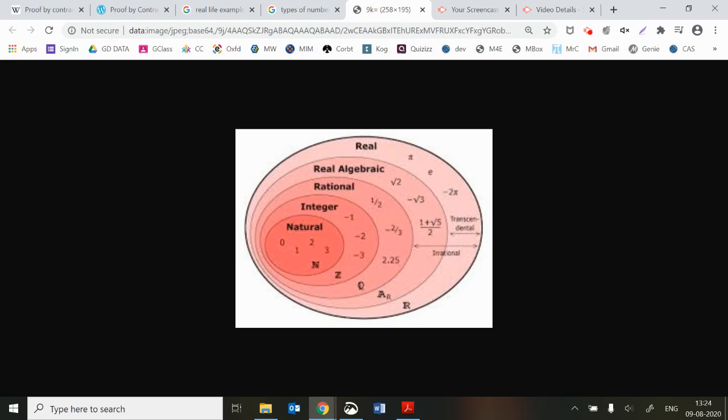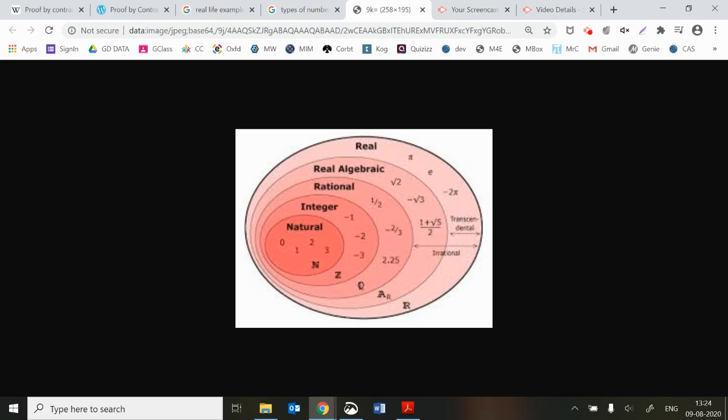And then you're aware of numbers which are beyond that. So you're aware of things like the square root of 2 and pi and e. And those are the real numbers. And the real numbers are themselves split up into algebraic real numbers and transcendental real numbers. And you don't really need to know that at the moment, but algebraic real numbers are solutions to polynomials.